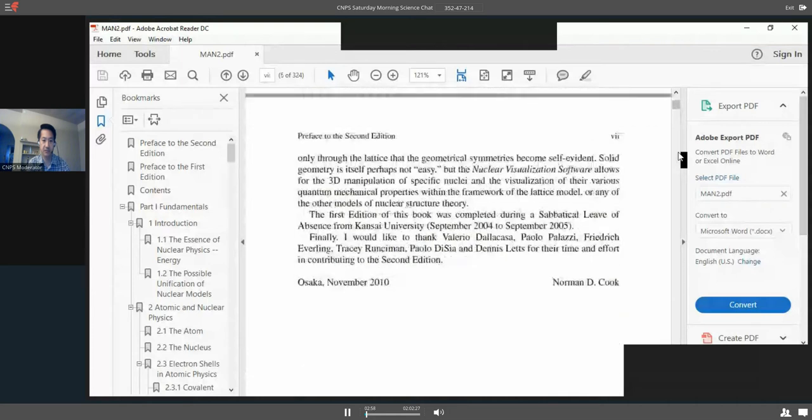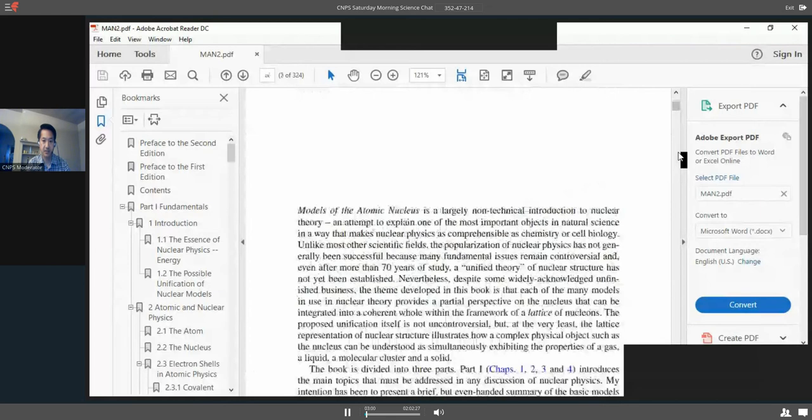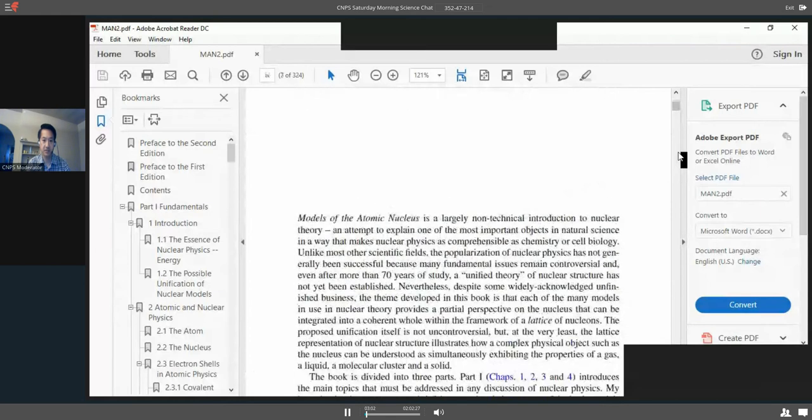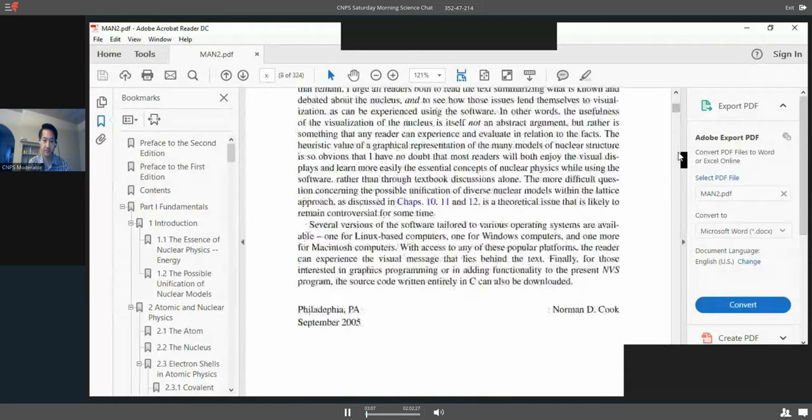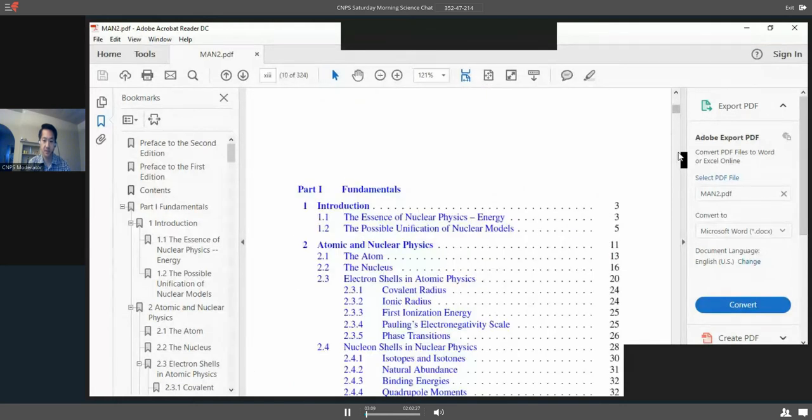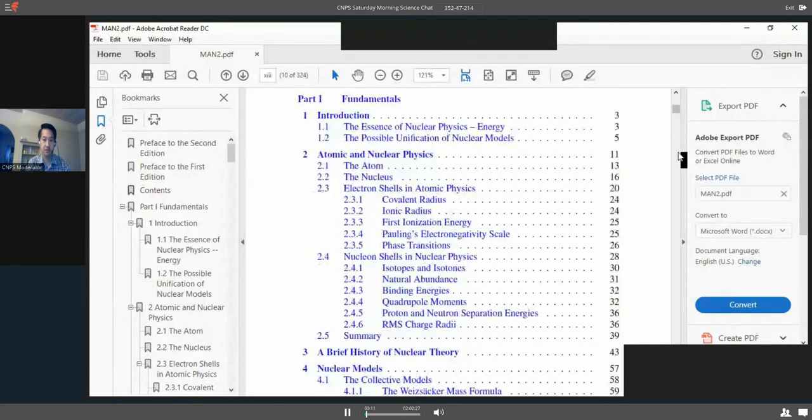So that may be something new with the second edition. That's the introduction to the second edition, and then they have the preface to the first edition. Let's get to the contents here.